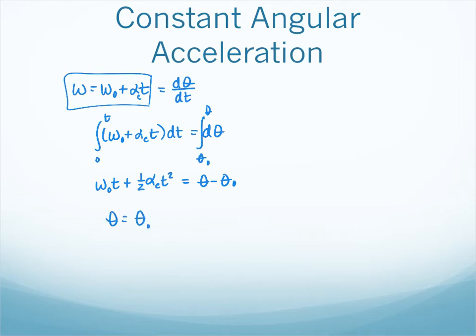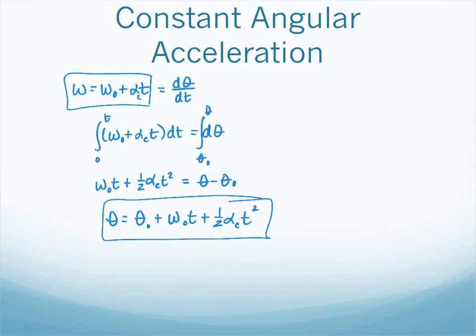And if we just rearrange this, this should look really familiar. It basically has exactly the same form as constant acceleration linear motion. We're just replacing the angular quantities.